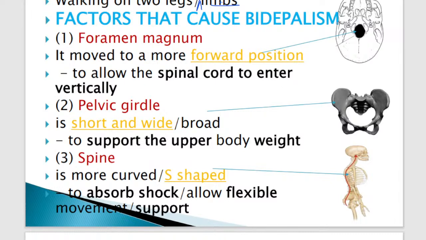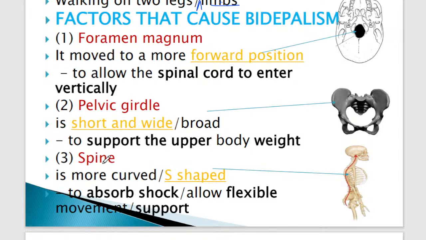Then when you come back to pelvic girdle, short and wider to support the upper weight, as I explained it.